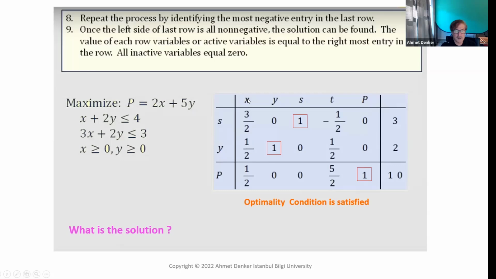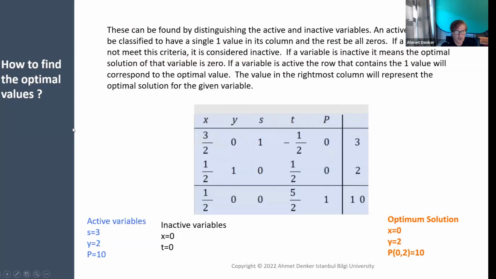So x is an inactive variable, t is an inactive variable. And the active variables are s, y, and p. Inactive variables are x and t. So for the optimum solution, I take only the active variable values.